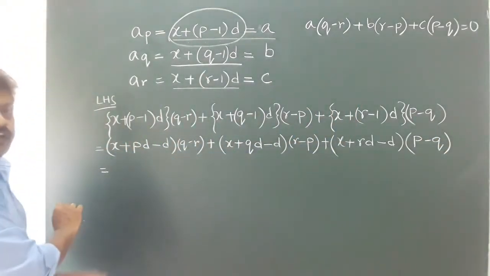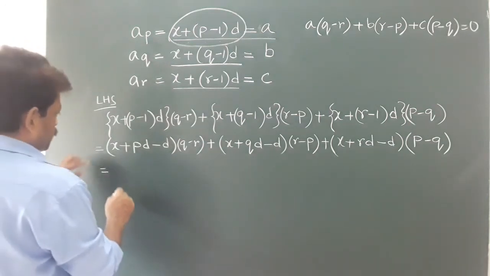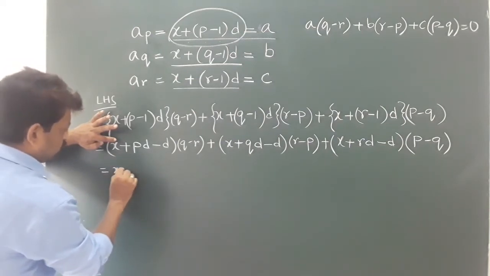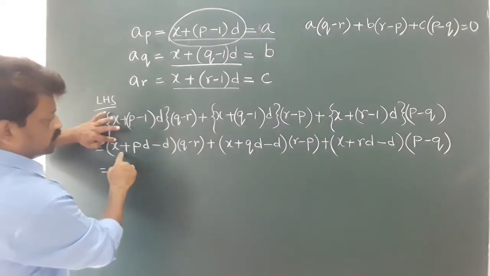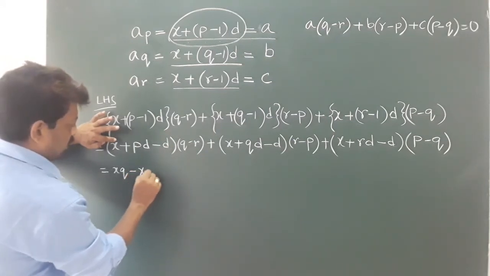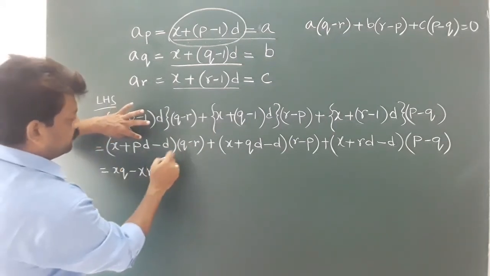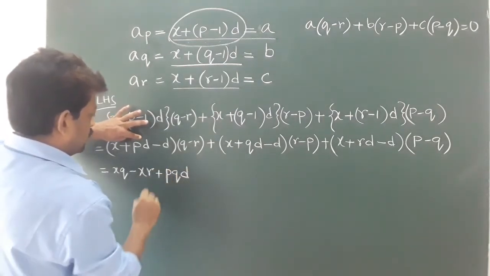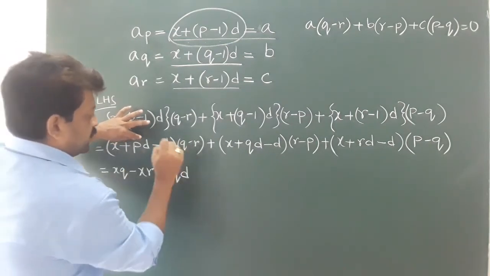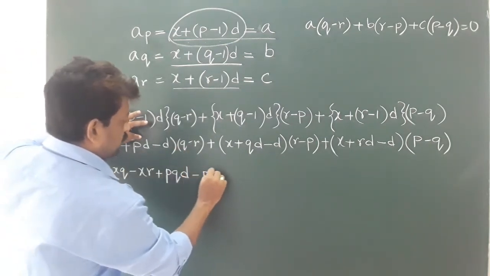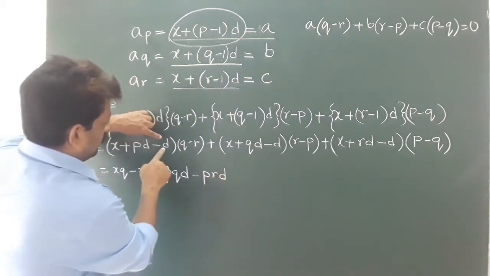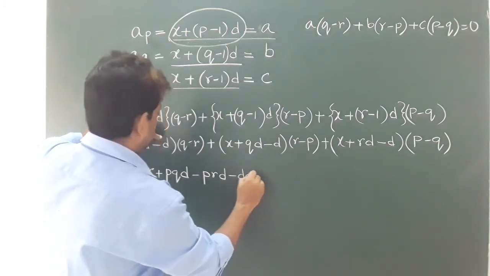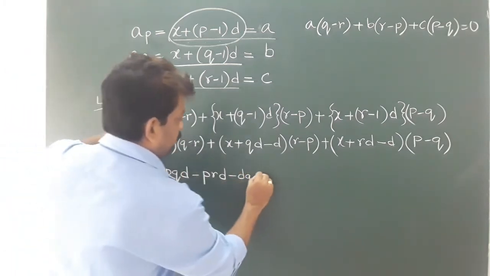Now I have to simplify the whole thing. Okay, so starting with the first one, x multiplied with q, xq, x multiplied with r, xr, pd multiplied with q, pqd, plus pd multiplied with minus r, minus prd, minus d multiplied with q, minus dq, minus d multiplied with r, plus dr.